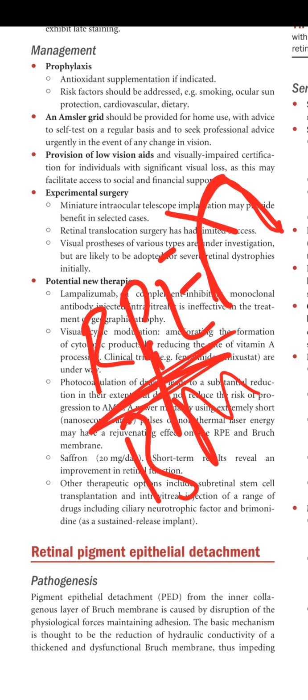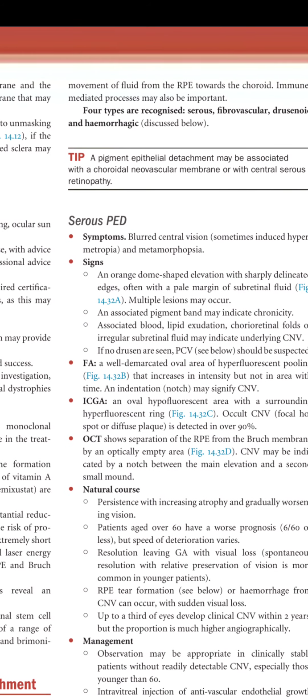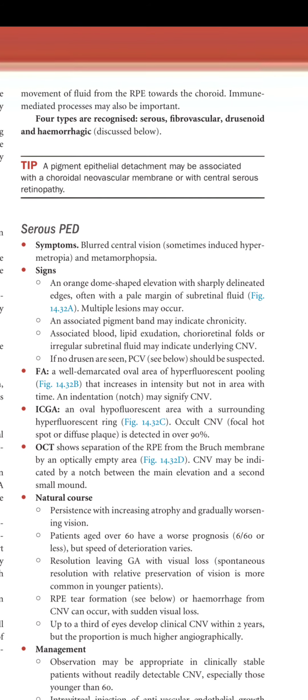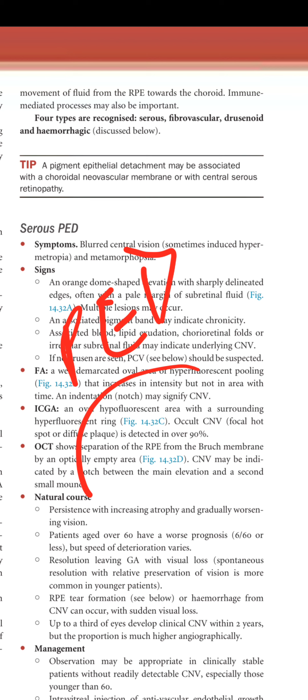The basic mechanism is thought to be the reduction of the hydraulic conductivity of a thickened and dysfunctional Bruch membrane, thus impeding movement of fluid from the RPE towards the choroid. Immune mediated process may be important. Four types are recognized: serous, fibrovascular, drusenoid, and hemorrhagic. So PED can occur due to serous fluid beneath the RPE and the Bruch membrane.